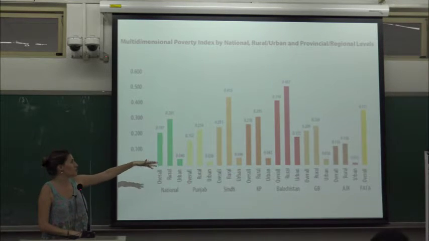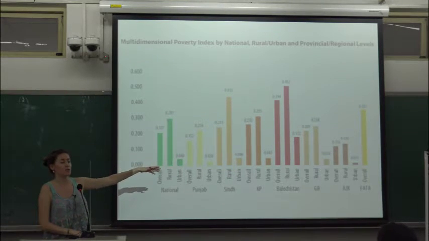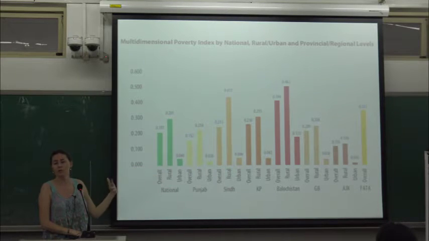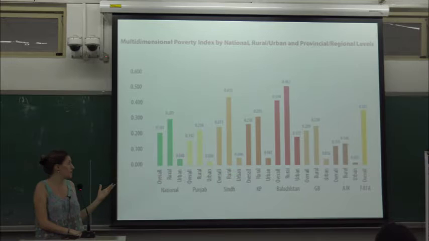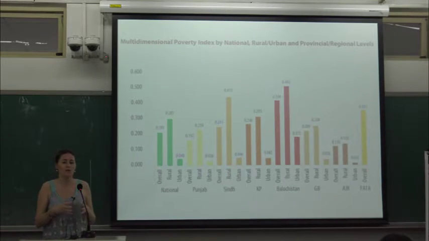As you can see here, Balochistan is the province in the country with the highest MPI, and it's also the province with the highest headcount of multidimensional poverty and the highest intensity of poverty. And it's interesting to note that in that particular province, they only concentrate 5% of the total population of the country.